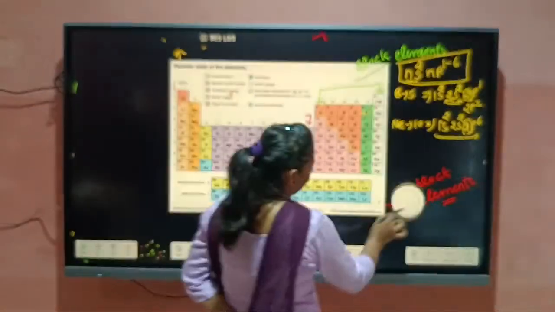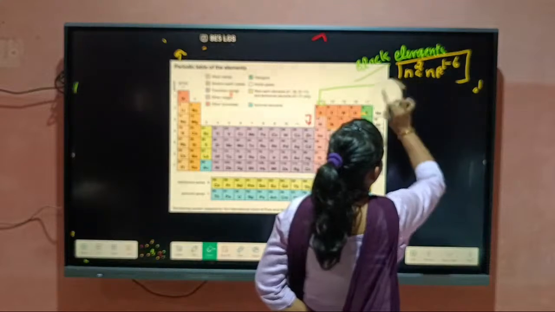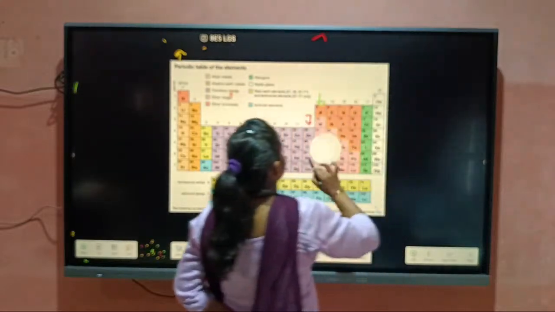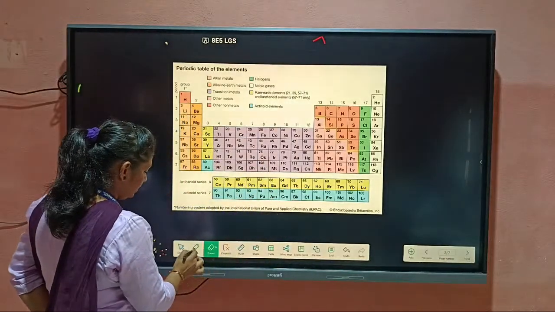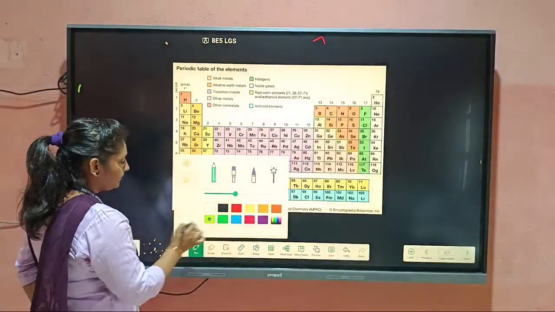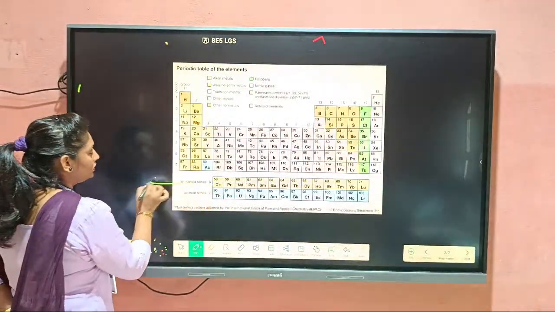D block elements configuration we have already seen. So what will be the configuration for F block elements?